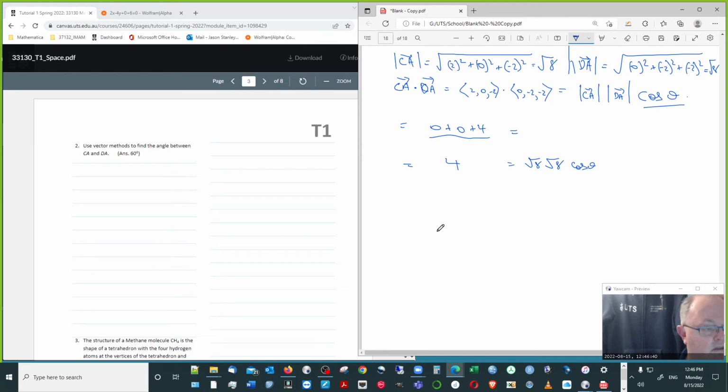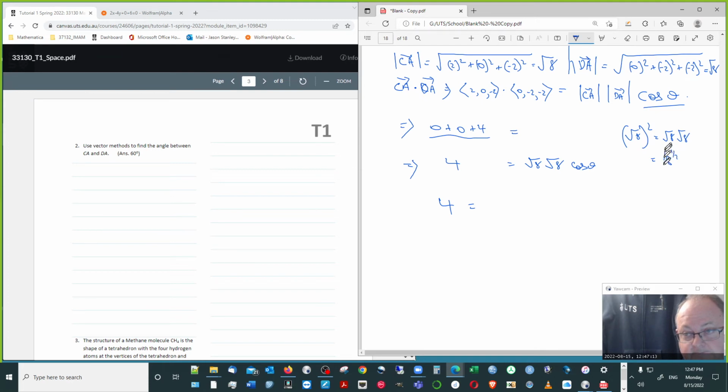Now, those squares are going to do what? I might just do it this way. Okay, that's better. Now what's this going to mean? They're going to disappear, so we've got 4 is equal to, that's beside the point.